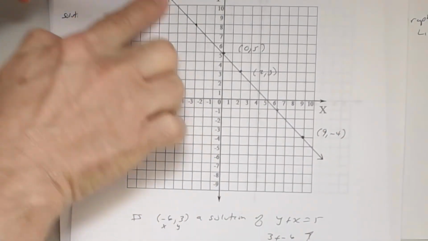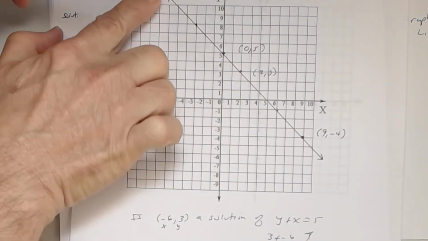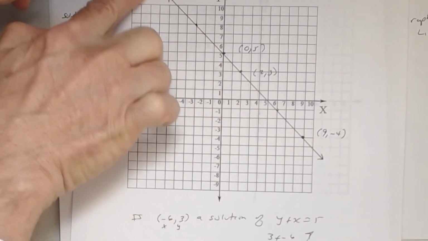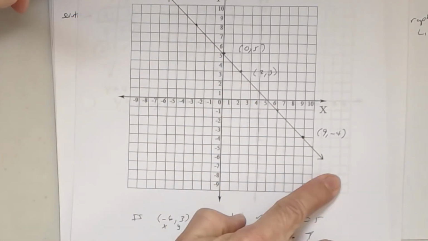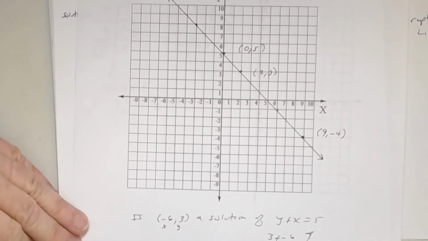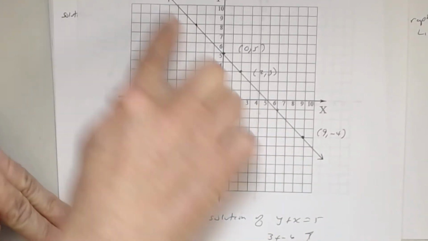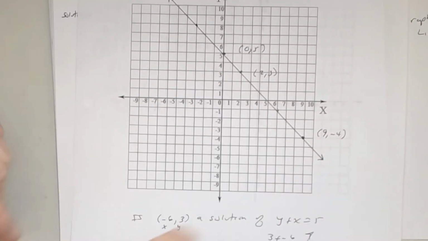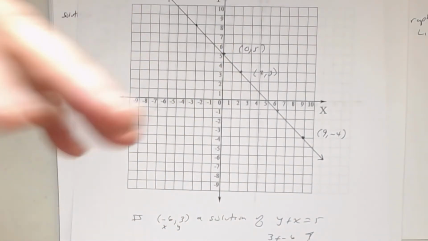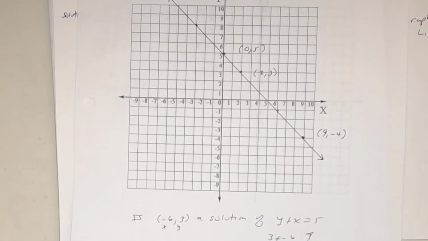There's an infinite number of points in this plane, but the solutions are only the ones on this line. And there are how many solutions? An infinite number. You can't list them, so you graph it instead. So that's the idea of graphing lines, solutions, and ordered pairs.